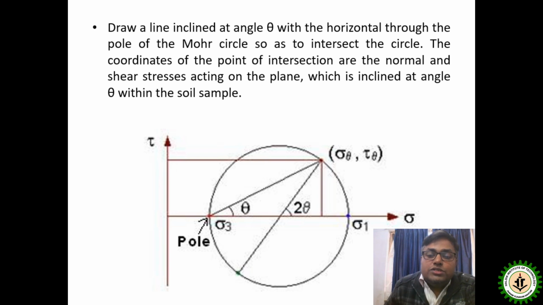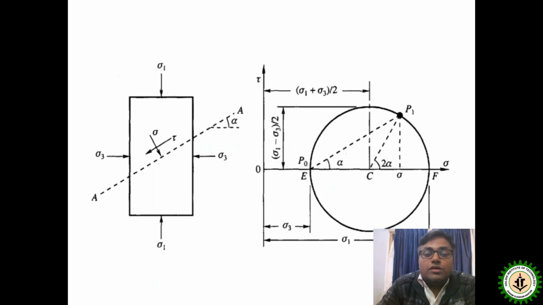Now any point sigma, tau, if you join this point with the minor principal stress point, that is sigma 3, makes an angle theta. So obviously with the center it will make a 2 theta angle. Here it is clearly depicted.